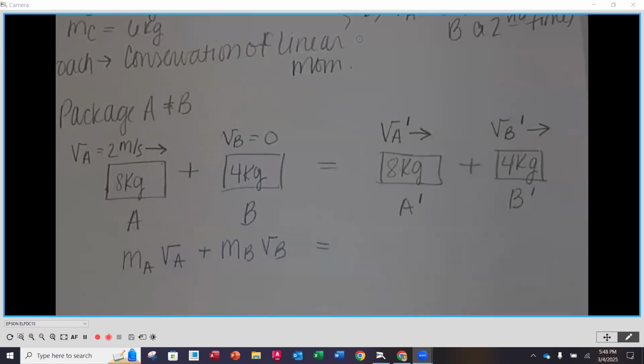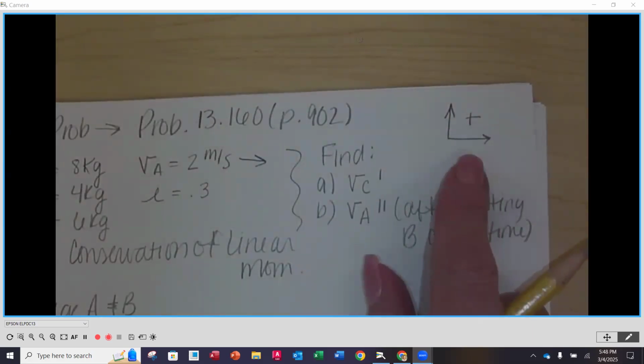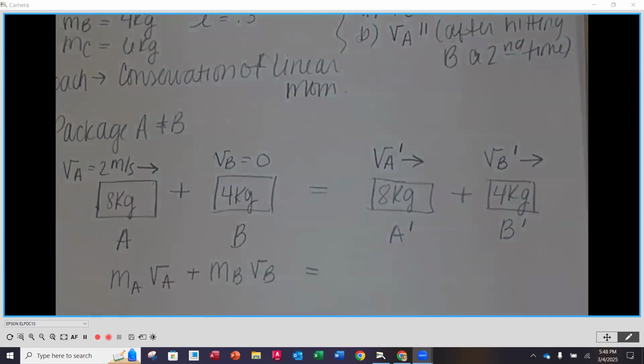Momentum is a vector quantity, and that's why it's important that we identify which direction is positive, because we have all of our directions in this case going to the right. If an answer comes out to a negative value, all that means, just like in statics, is that we assumed the wrong direction, and the negative just tells us which way it's pointing.